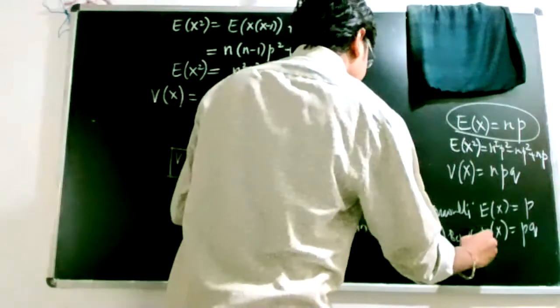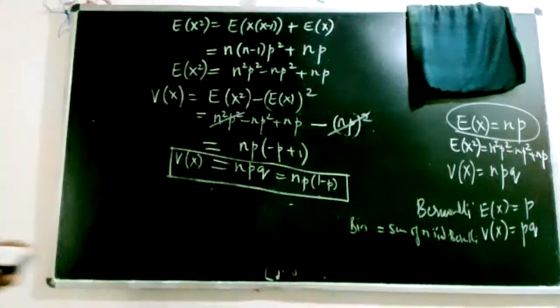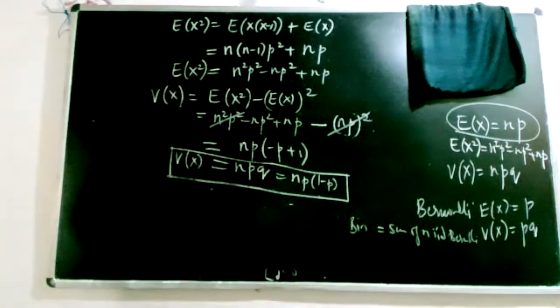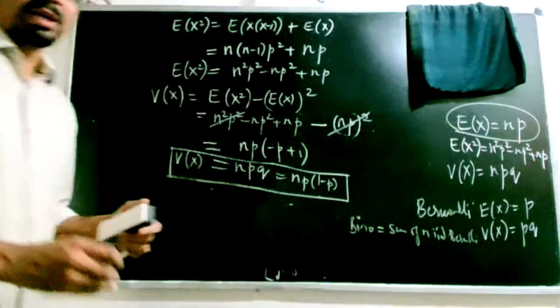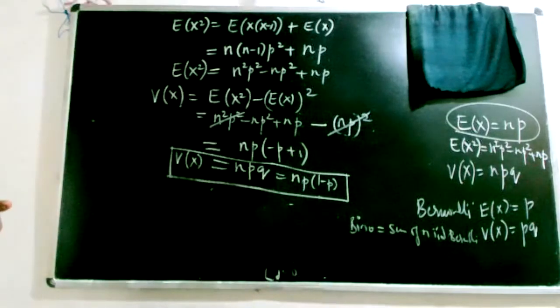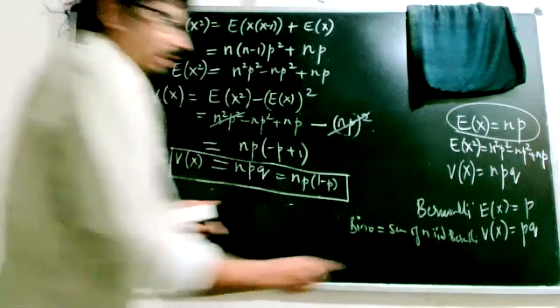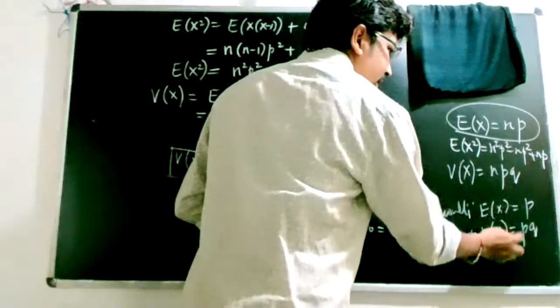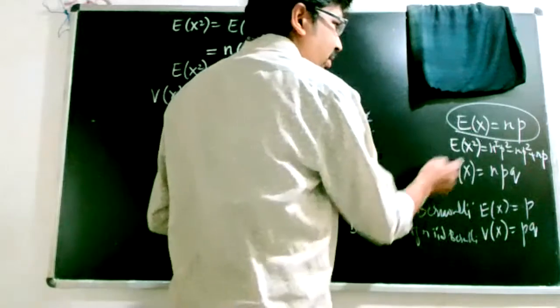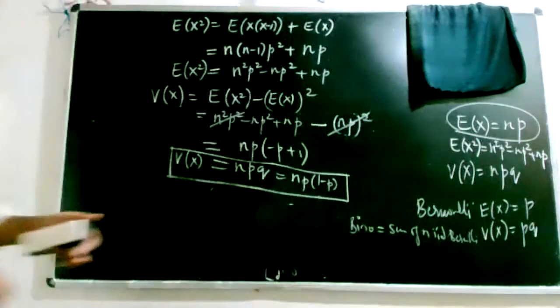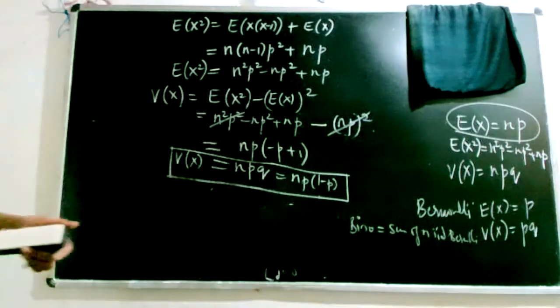So you are adding n Bernoulli variables there. Each has mean p. So the final variable, which is your binomial variable, will have the mean n times p and variance n times of that. So if you just take n times the mean of Bernoulli and n times the variance of Bernoulli, you'll get np and npq as the variance.